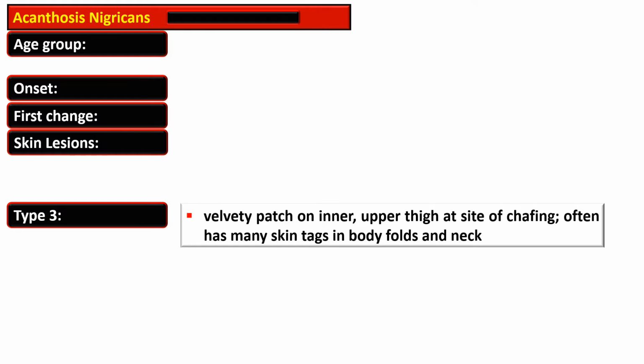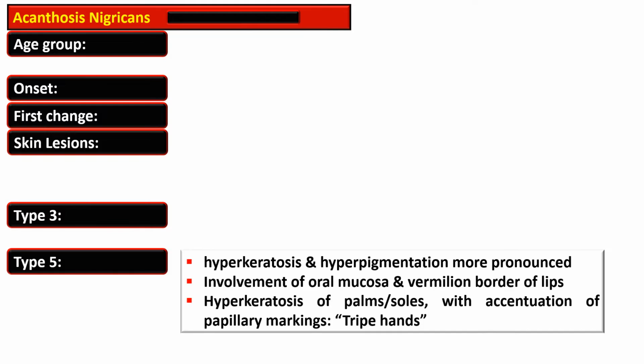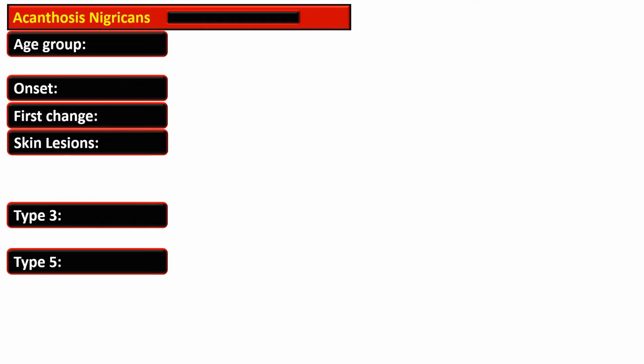The lesion of type 3 is a velvety patch on the inner upper thigh at the site of chafing, often with many skin tags in body folds and neck. Type 5 or the malignant one shows hyperkeratosis and hyperpigmentation more pronouncedly, and there is frequent involvement of oral mucosa and the vermilion border of the lip.